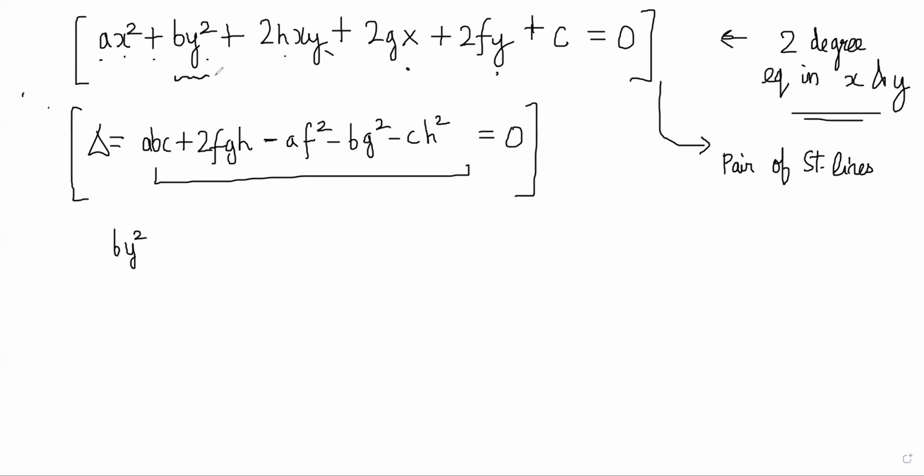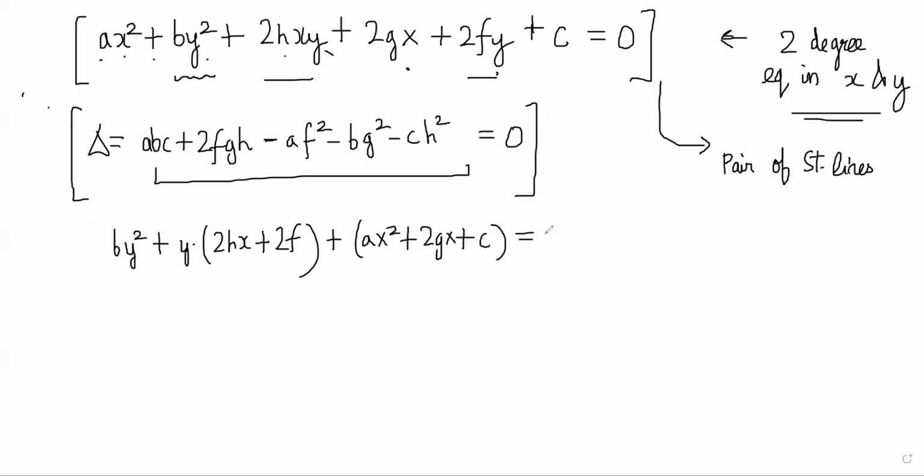So let's say by square is the first term, and the y term will be this and this. So y common, it will be 2hx plus 2f, and the rest of the terms will be considered as a constant, ax square plus 2gx plus c. This is my quadratic.